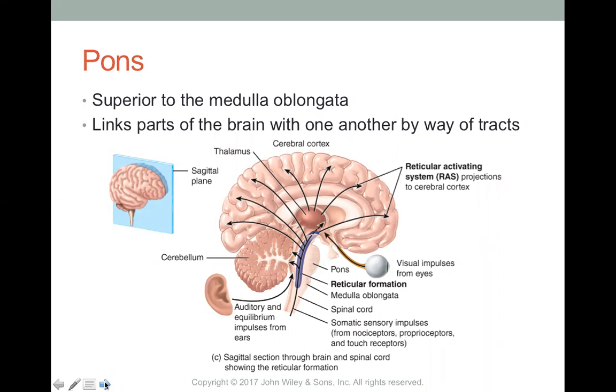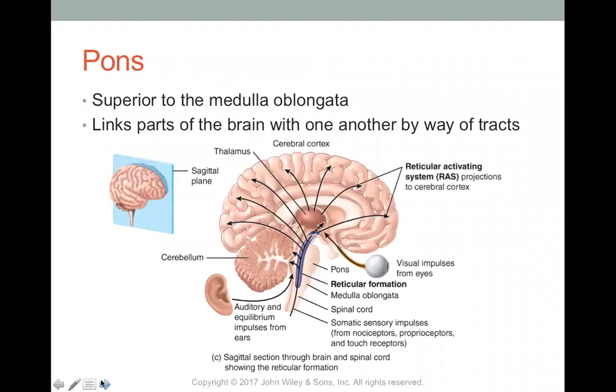So remember, when we discussed nervous tissue in chapter 12, we discussed your tracts and what they were. It will relay our nerve impulses that are related to voluntary skeletal movements from the cerebral cortex to the cerebellum.